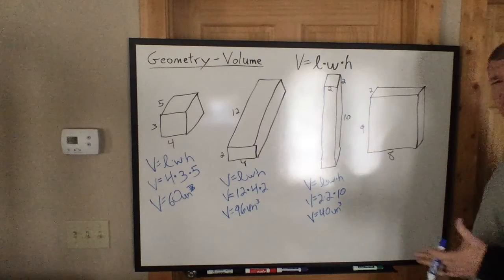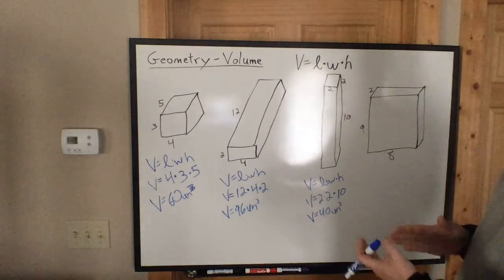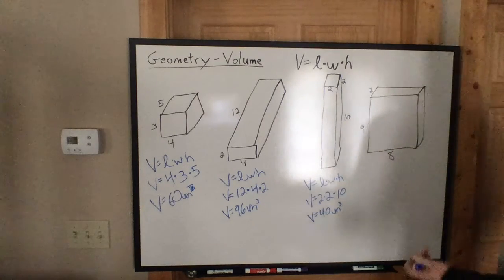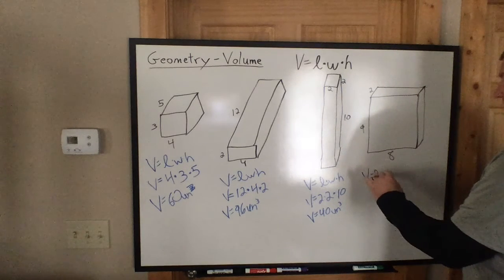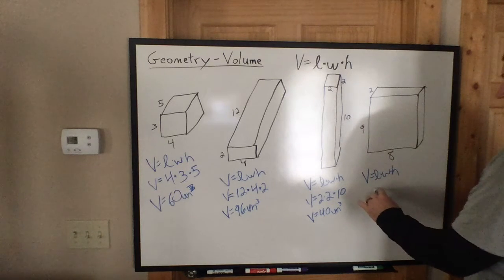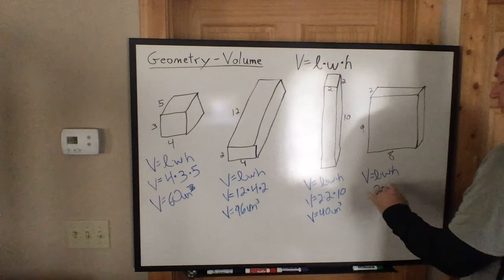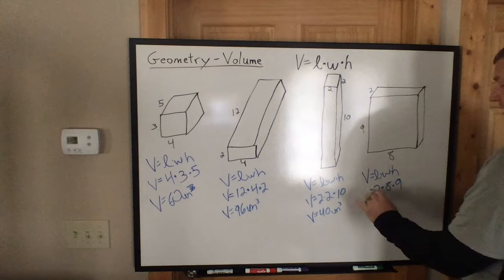Now we've got this one. This one looks a little bit like a cereal box: 8 units wide, 9 units tall, and only 2 inches deep. But the process is still the same. Volume equals length times width times height. Length being 2, times the width, which is 8, times the height, which is 9.